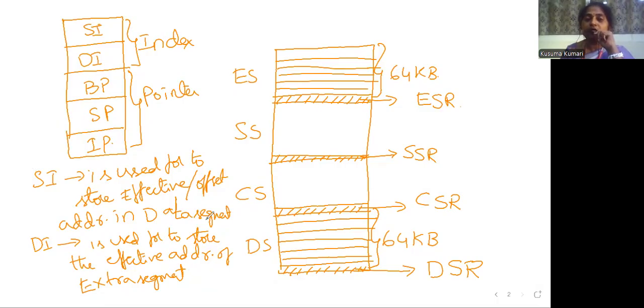So that means, suppose if we want to transfer data from the data segment to the extra segment, from one segment to another, then the offset address in the data segment is available in the source index, and the offset address in the extra segment is available in the destination index register.